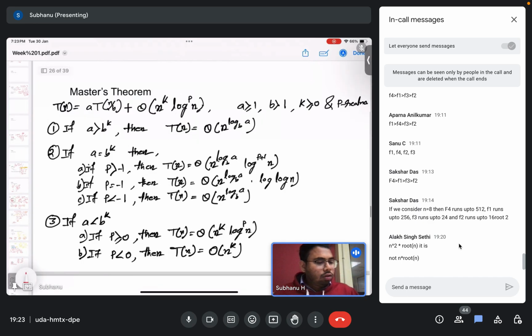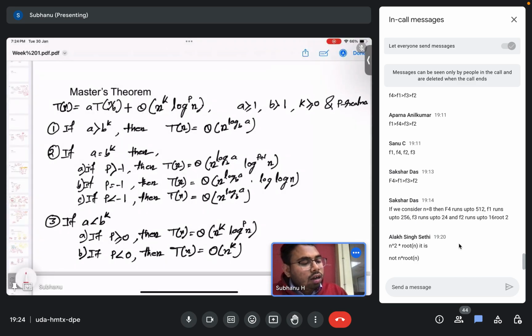Okay, so all the problems can't be solved using back substitution like this. So we have a theorem called Master's theorem. In Master's theorem, I have written in a slightly different way from the textbook.